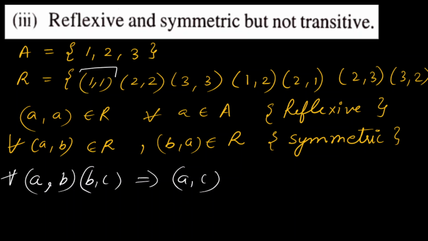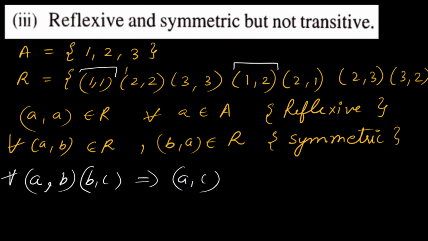With (1, 1), if I consider it as (a, b), I have to check the ordered pair starting from 1, because b should be the same. So (1, 2). If I consider these two as (a, b) and (b, c), I should have (a, c) as (1, 2). Okay, so (1, 2) we have. So the first one is satisfying.